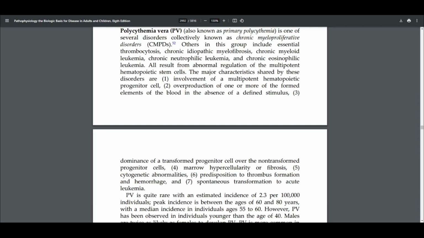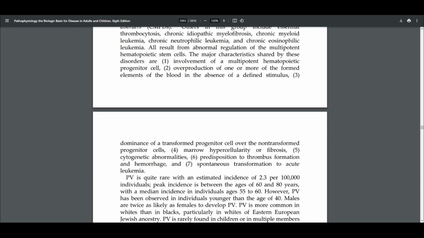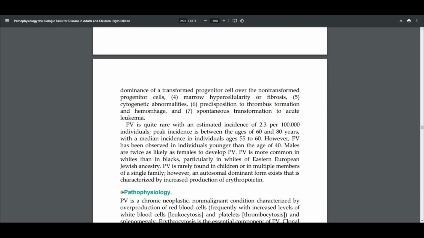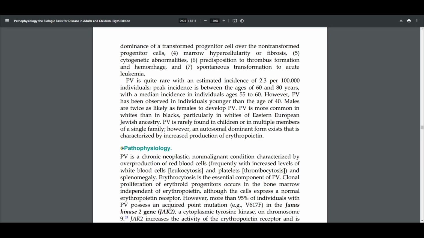The major characteristics shared by these disorders are the involvement of multipotent hematopoietic progenitor cells and the overproduction of one or more of the formed elements of the blood in the absence of a defined stimulus. It also can be defined by the dominance of transformed progenitor cells over the non-transformed progenitor cells, marrow hypercellularity or fibrosis, cytogenetic abnormalities, predisposition to thrombus formation and hemorrhage, and finally, spontaneous transformation to acute leukemias.